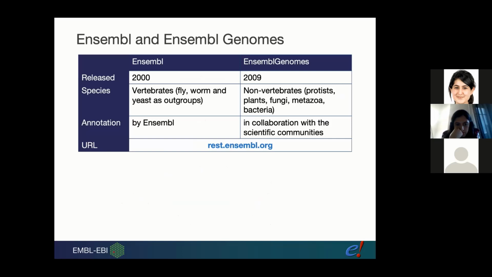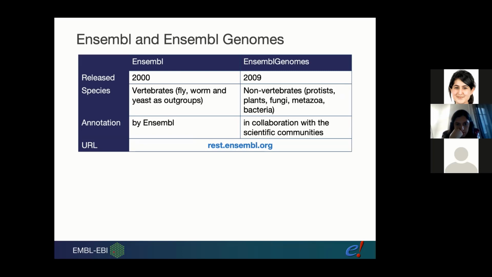Here we have a table which compares Ensembl and Ensembl Genomes. Ensembl is older, and Ensembl Genomes was released in 2009. The main difference between the two sites is that we annotate all of the vertebrates in Ensembl ourselves, while the non-vertebrate sites in Ensembl Genomes are annotated in collaboration with scientific communities.